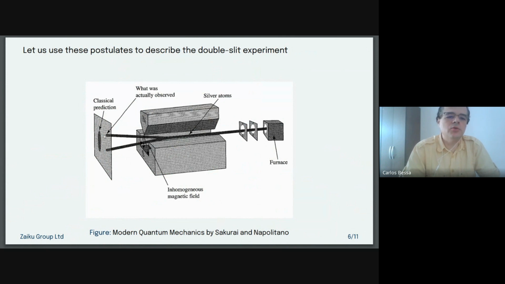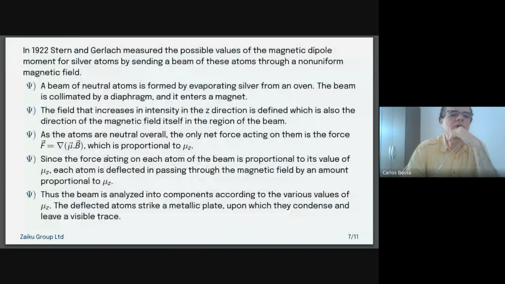In the end, the atoms come and we have a plate that the atoms will hit and be stopped by. This is the classical prediction, something continuous. And what was observed was this. So let's give this description better.